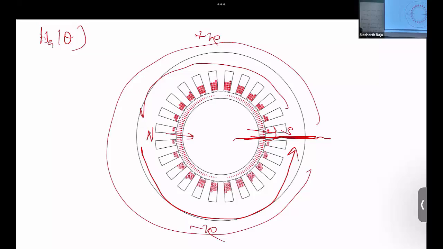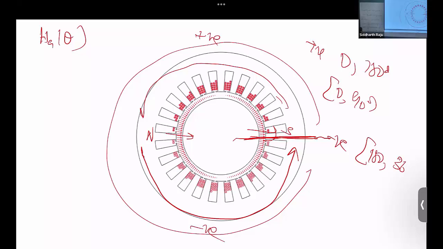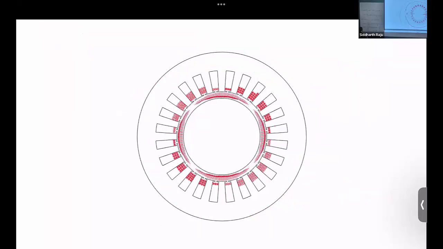So whatever winding was previously the positive winding going from 0 to 180 degree would now lie between 0 to 90 degree. And then what happens for the rest? The negative windings occupied 0 to 360 degree. Now it will just occupy the region between 90 degree to 180 degree. Right? So that's what we have done here. So quarter of the windings are coming out of the page.